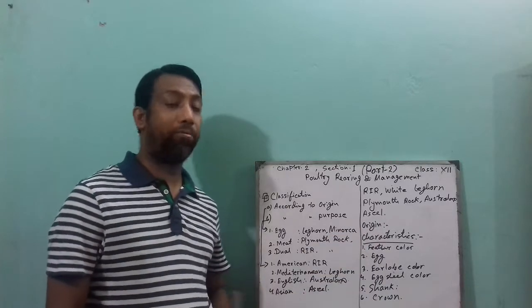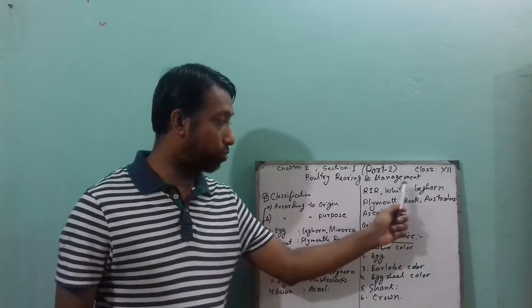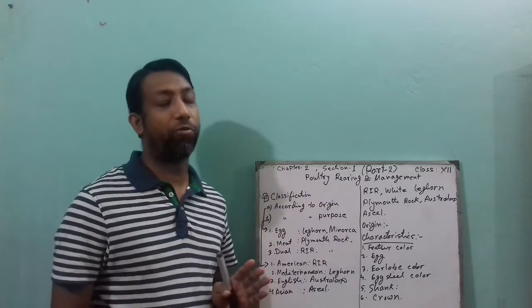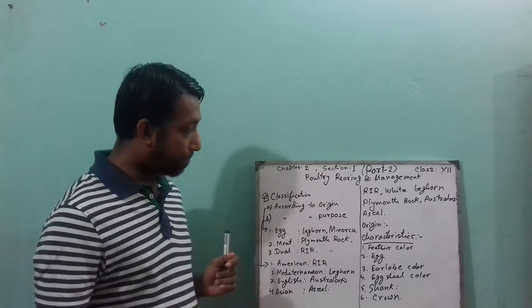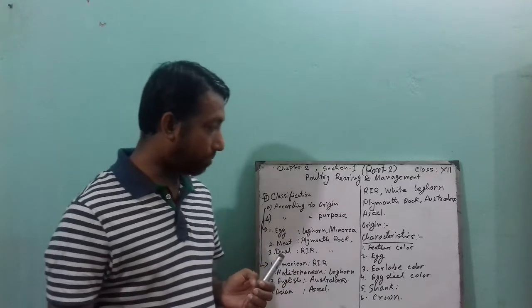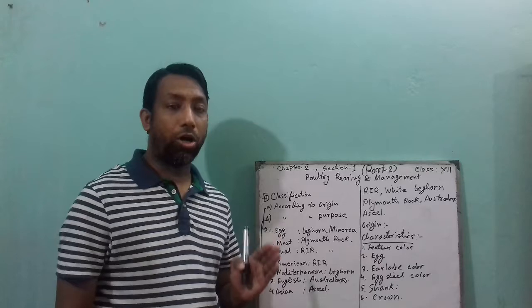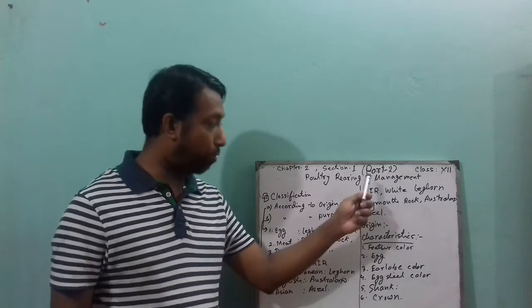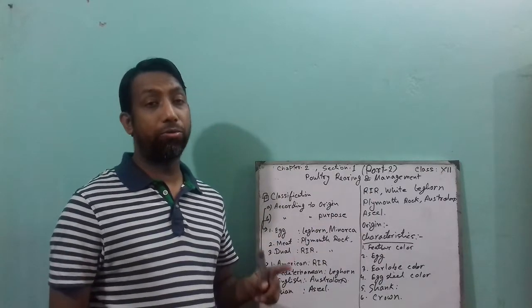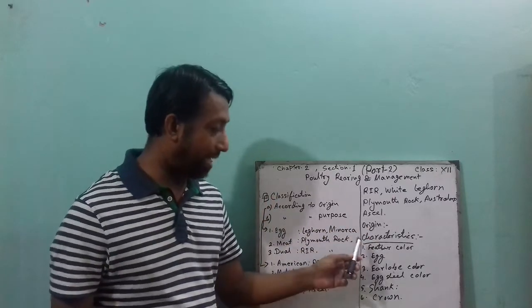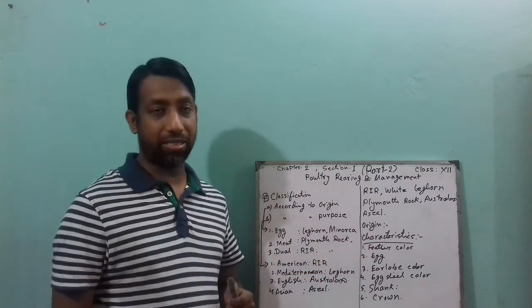We have to memorize these five chicken breeds, because they are most important for your exam. When they ask for the description or characteristics of a poultry bird, you have to explain the origin first, then the individual characteristics.